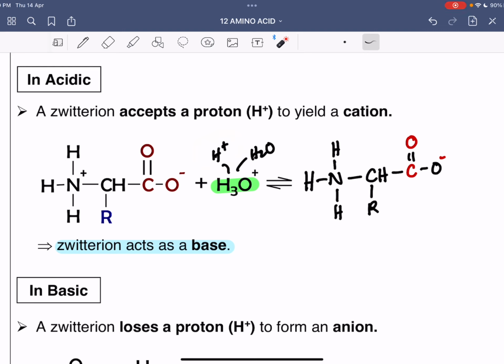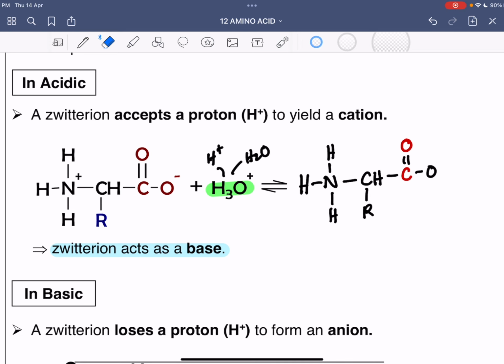So H plus will be attracted to the O minus to produce this O, and the N stays positive. This is when the zwitterion acts as a base.